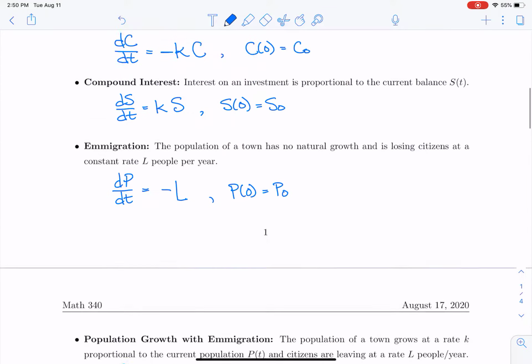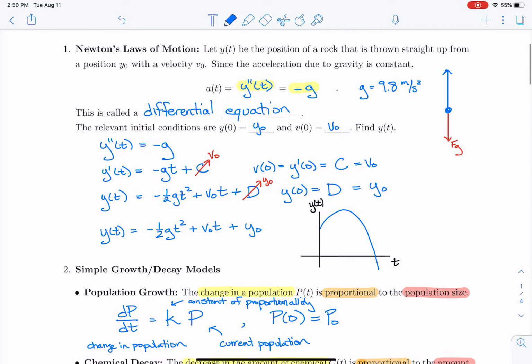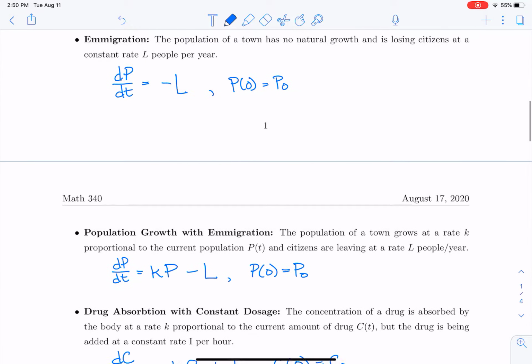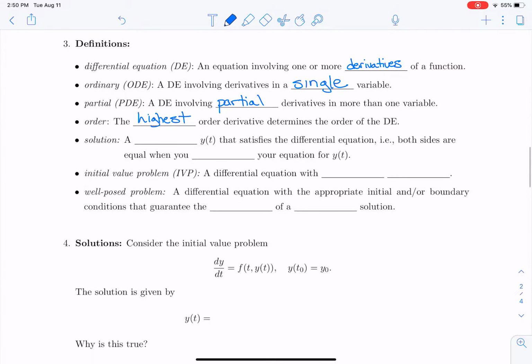If I go back further to the Newton's law of motion example, I have a second derivative, so the order of that differential equation is 2. We're going to start by studying first order differential equations, where the highest derivative is the first derivative, but we will move on to higher order differential equations with second derivatives and so forth.